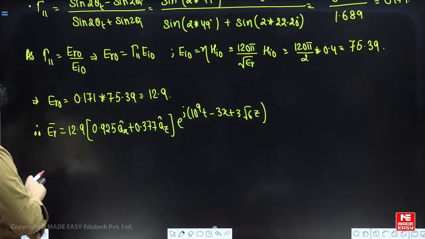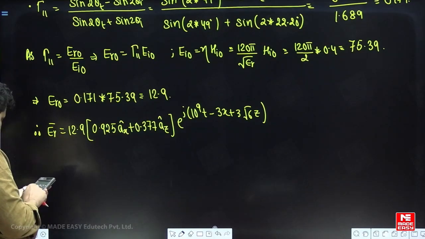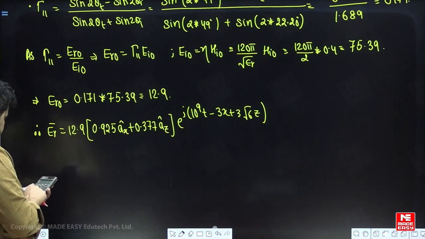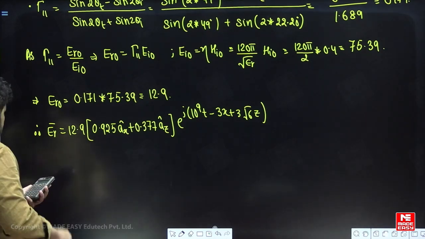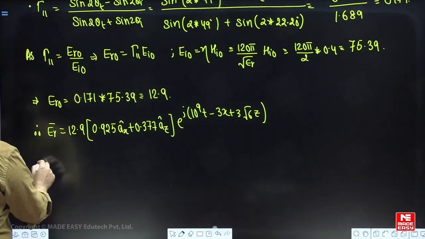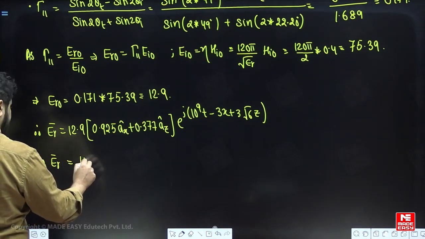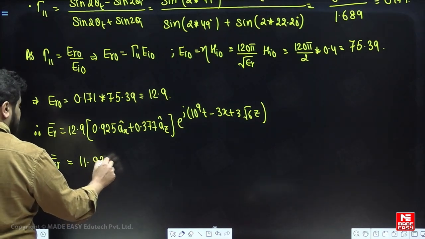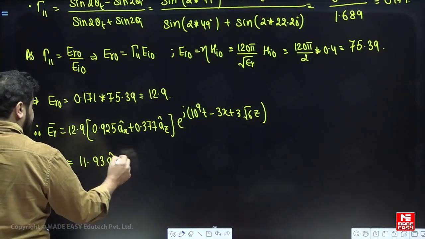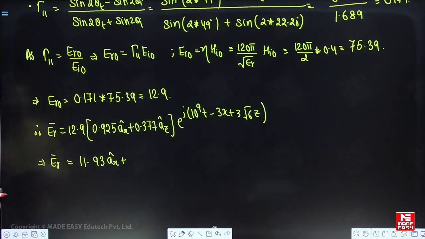So 12.9 multiplied by 0.925, 11.93. So this is just approximately, right. I will check with the options which is closer to this, that will be your answer, right.